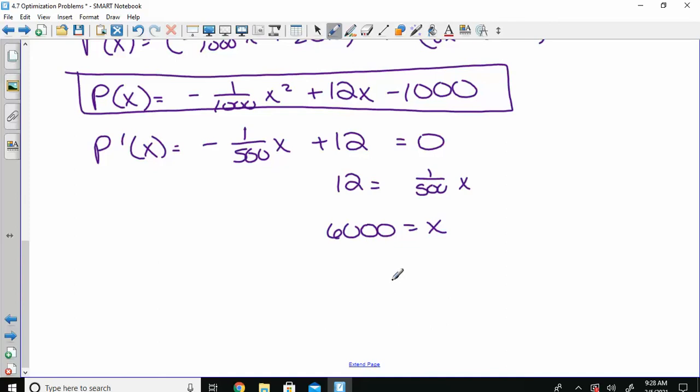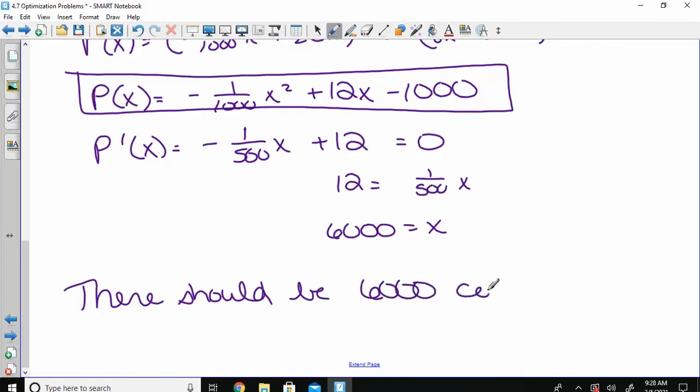So 2 questions. How many copies? That is my x. So there should be 6,000 copies. And the price sold for. So if I want to know what price I'm charging, what would I do?